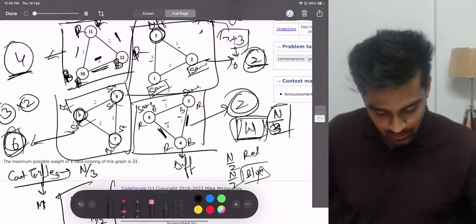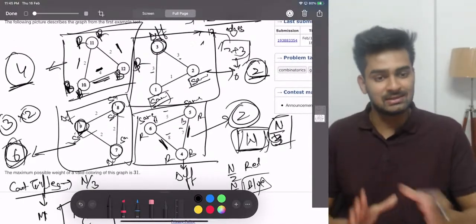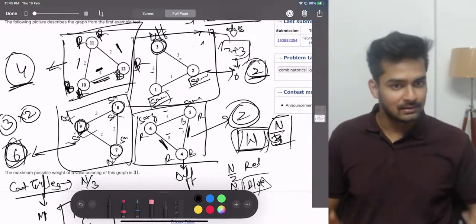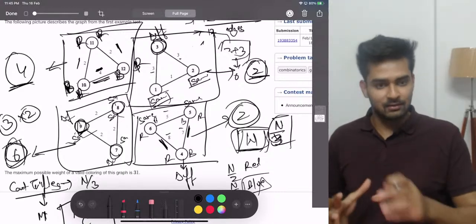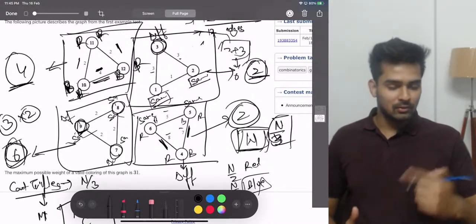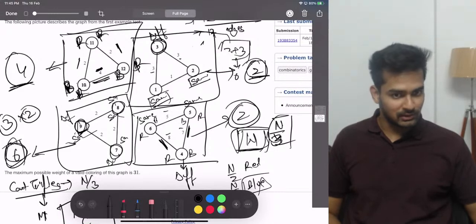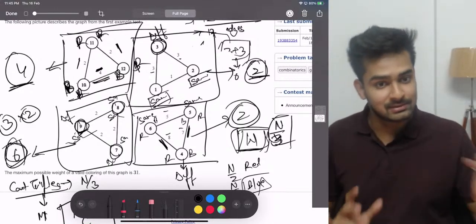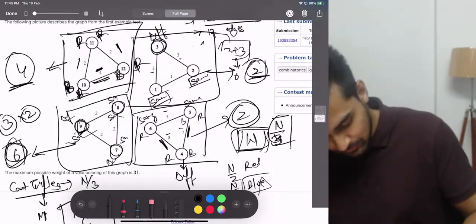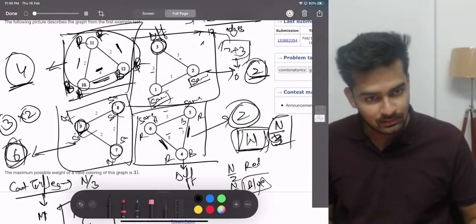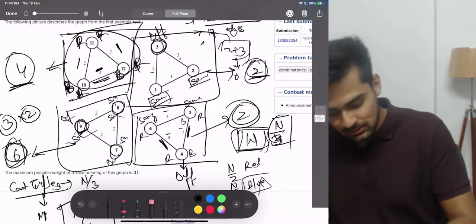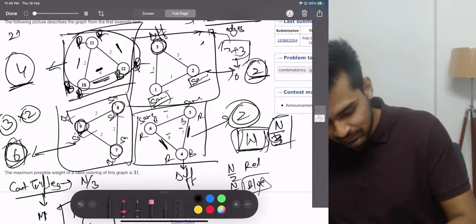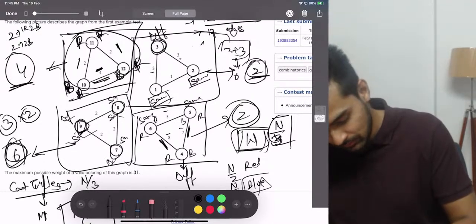Okay. Now, if you see, with this you have already finalized the color, that I know for this triplet how many blue and how many red nodes I am going to take. Since I've already decided the colors, for this particular triplet there were 2 combinations in which I used 1 red and 2 blue, and 2 combinations in which I used 2 red and 1 blue.